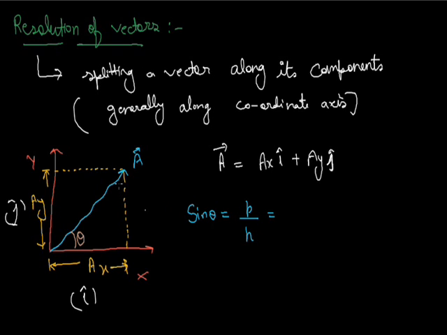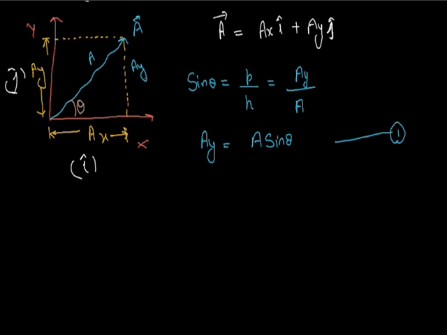That means the perpendicular here is Ay, divided by the hypotenuse, which is vector A. So this is A. Now from here, Ay equals A sin theta. This becomes equation first.